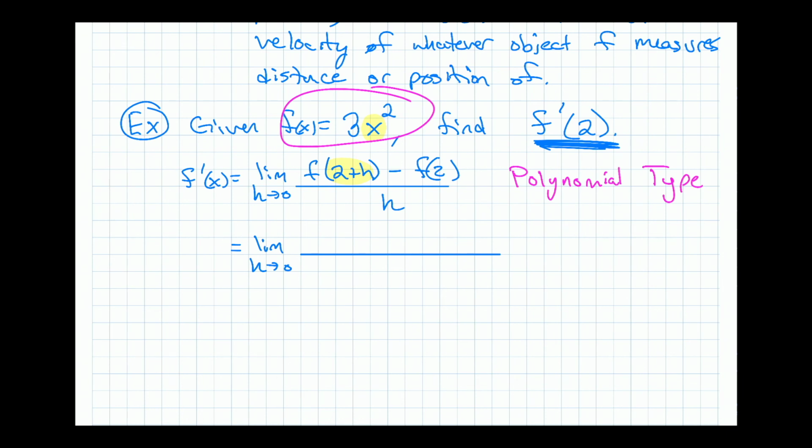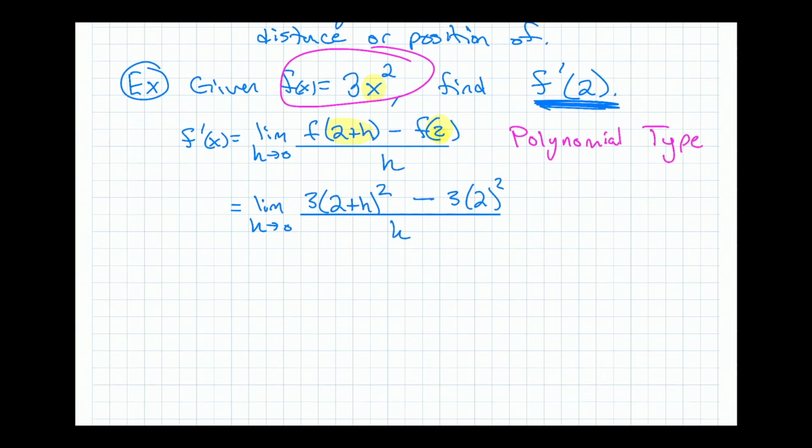So you have 3 times 2 plus h squared. That's f of 2 plus h. And then minus, you have f of 2, which is plugging a 2 in for the x. So 3 times 2 squared. Like that.